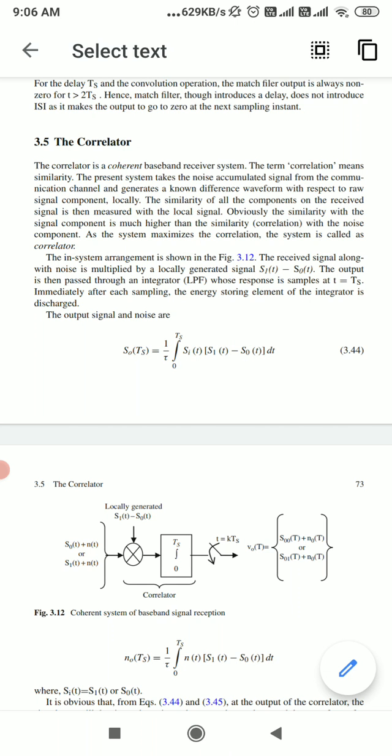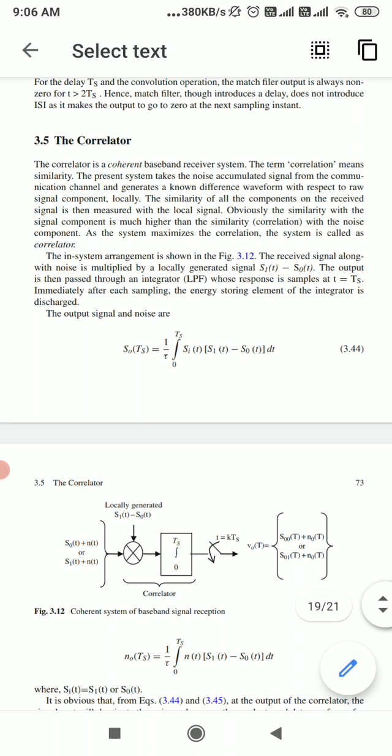We can say the received signal along with noise is multiplied by a locally generated signal. Here you are giving input to the multiplier, and it will be multiplied with the locally generated signal, which we are taking as S1(t) minus S0(t).